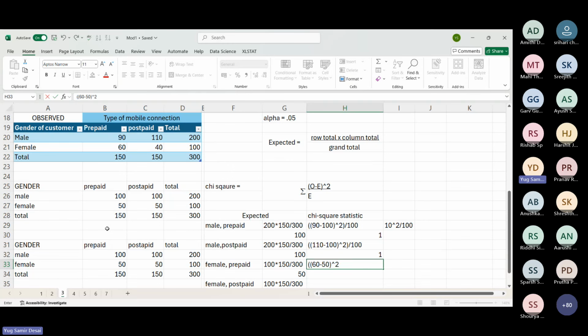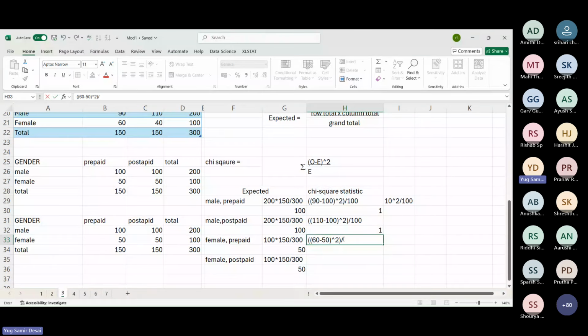Hence, we'll subtract 50 from the 60, square it, and this time we'll divide it by the expected female customers for the prepaid plan, which is 50. So here we get again 10 squared in the numerator, but we'll divide it by 50. So we divide 100 by 50, hence we get the value of 2.